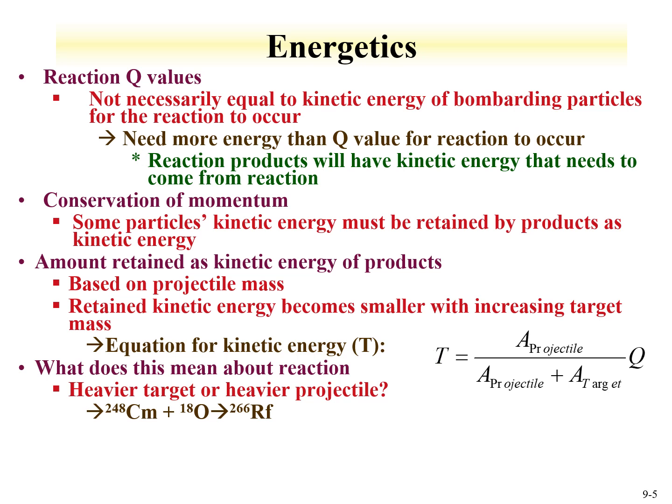Well, if I accelerate the curium into an oxygen target, using the curium as the projectile, this kinetic energy is about equal to the Q value, because it's equal to 248 divided by the sum of 248 plus 18. Now, if we go the other route, which is actually done experimentally, where we accelerate oxygen into curium, we wind up with the kinetic energy being only a smaller fraction of the Q value. This is one reason why you often accelerate the light particle into the heavier target.